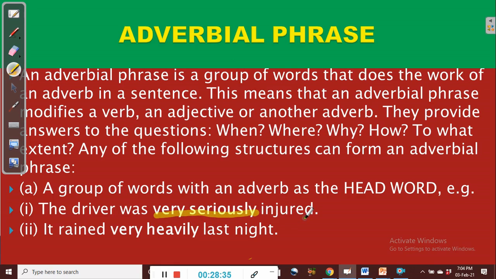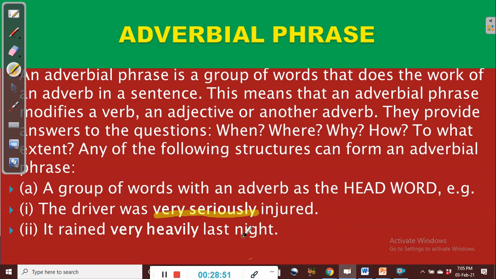Injured is a past participle functioning as an adjective, and here the adverbial phrase is modifying the word injured, telling us more about it.